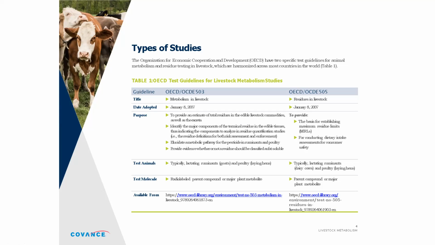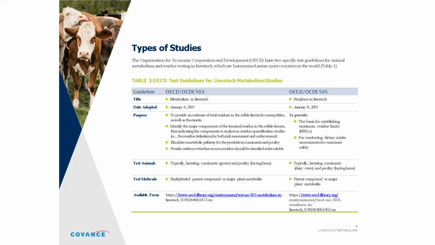Especially the definition of the residue is totally different, whereas OECD guideline 505 provides the basis for establishing maximum residue limits, relating to residue concentration, and for conducting dietary intake assessment for consumer safety.